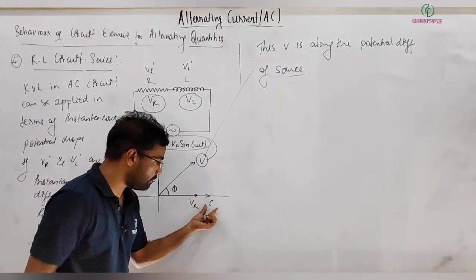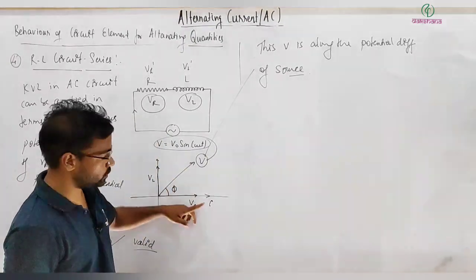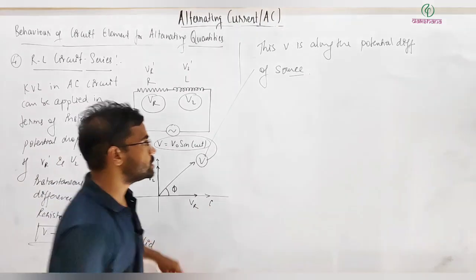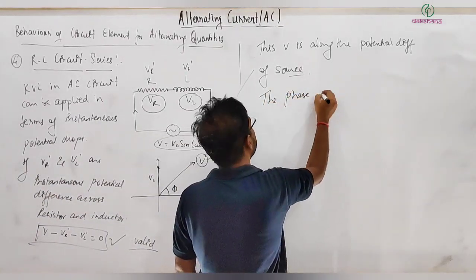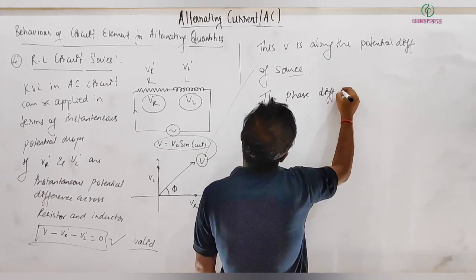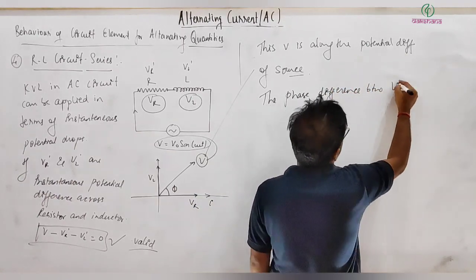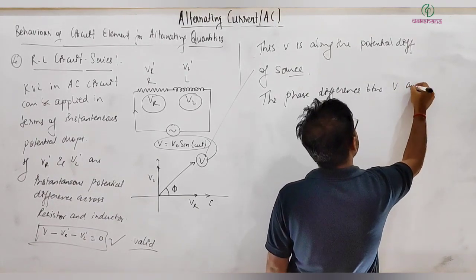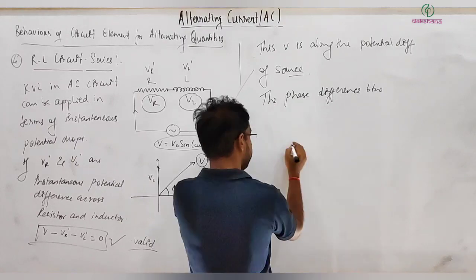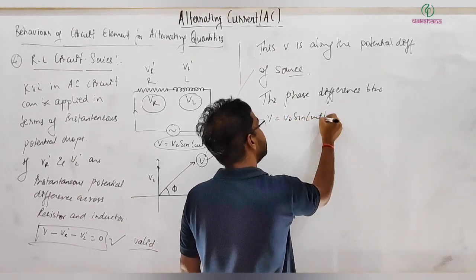Now the phase of the current I is what? It's clockwise, so it will be lagging, right? So the phase difference between V and I is phi, where V is equal to V naught sine of omega t.